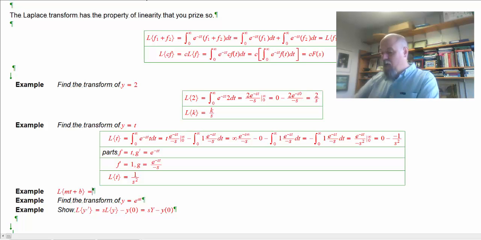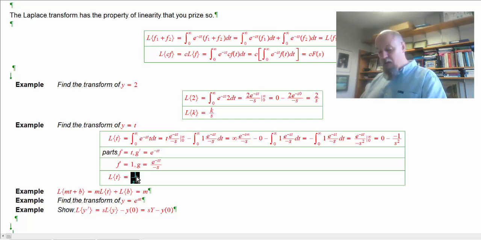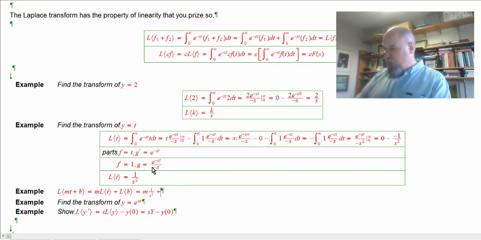of that line. Well, that would be equal to, m is a constant, so I can bring that out, the Laplace transform m times the Laplace transform of t plus the Laplace transform of a constant. That is equal to m times the Laplace transform of t I already have, plus the Laplace transform of a constant we already said was going to be a constant over s, so that'll just be b over s.